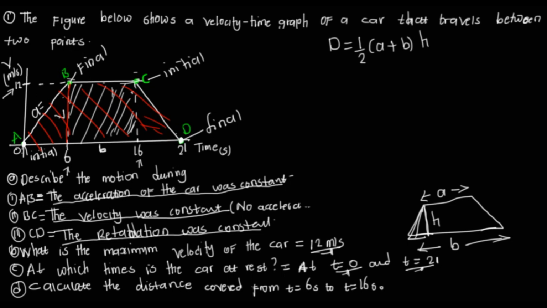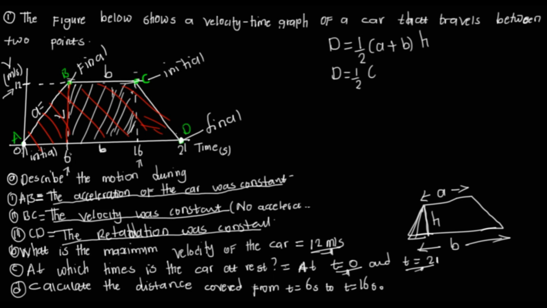So from this graph, we can proceed by saying distance is equal to half, and our a is the distance from B to C. So we need to find the value from B to C. We are going to use the values from the x-axis.